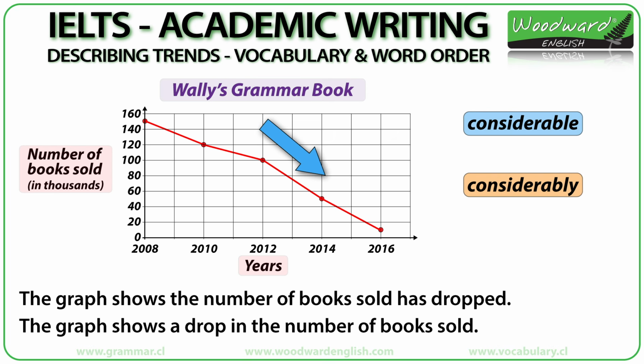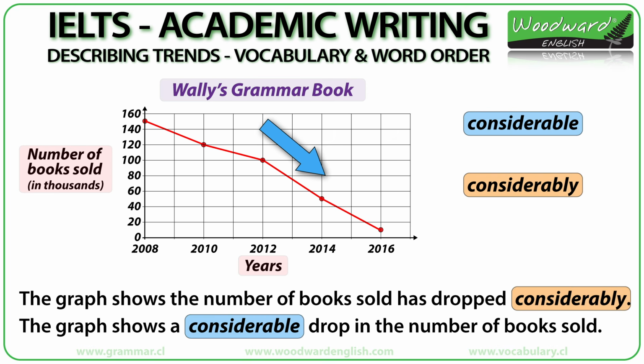What I want you to do right now is, in each statement, add the word considerable or the word considerably in its correct position. Use pause again to give yourself some time to complete this. Now, where does each word go?